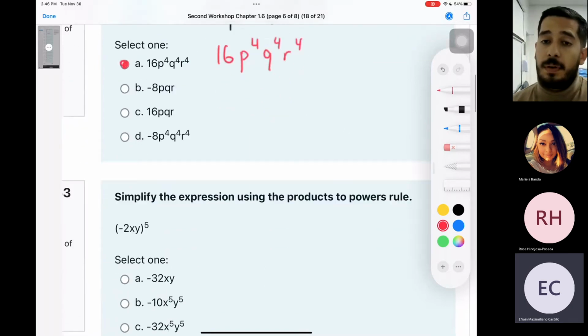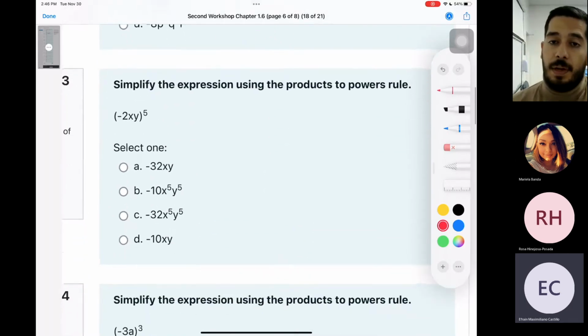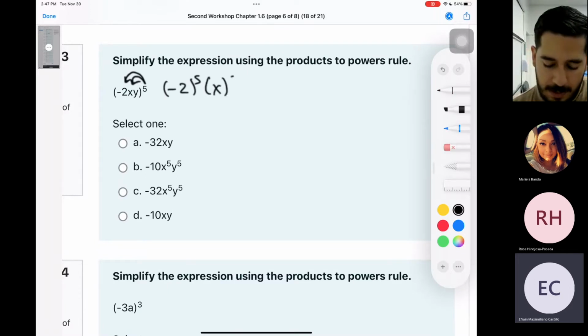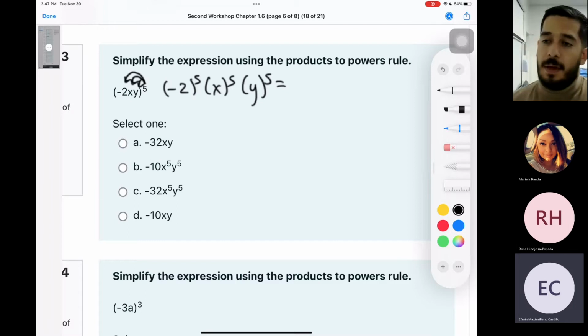Okay. Let's distribute that exponent. So 5 goes into the -2 as an exponent. 5 goes into the X. And 5 goes into the Y. Okay. The -2 to the power of 5.